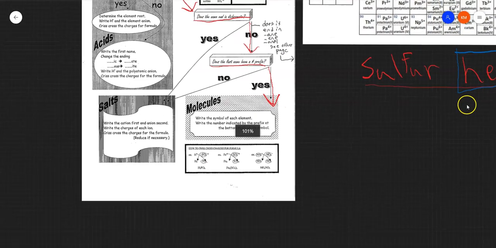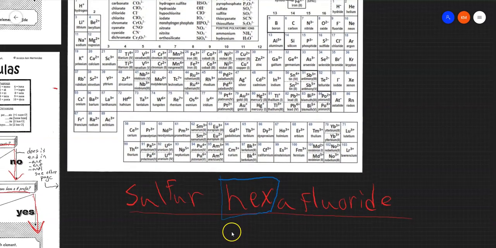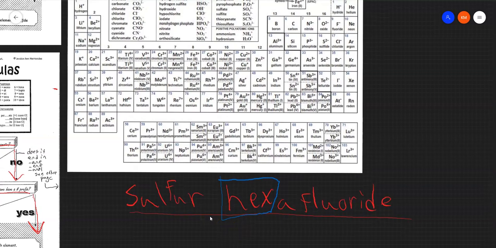So we come here. First one up is sulfur. So I find sulfur, which is sulfide, same thing, and the chemical symbol is S. Next, fluor tells me that it's fluoride here, or fluorine.